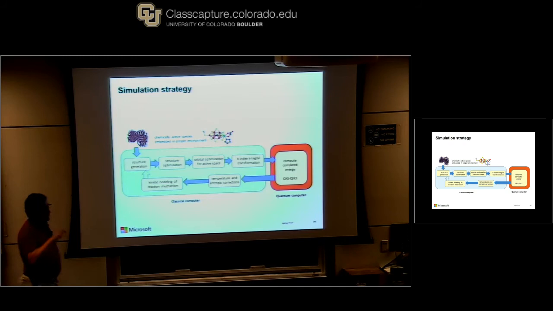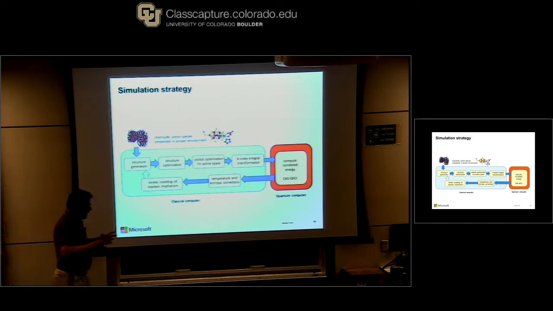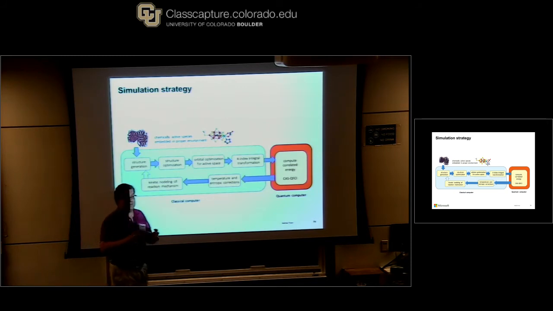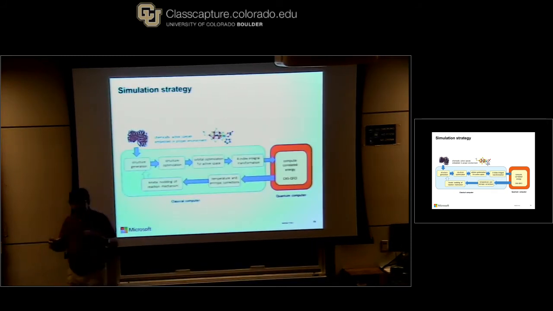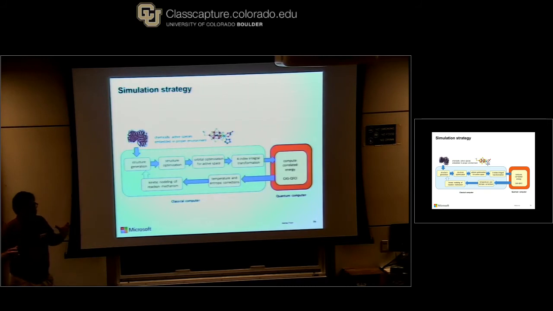For smaller active space, you do that with something called full configuration interaction, which means you basically just exactly solve this problem. But that's limited to about 50 spin orbitals. This here has at least 100 to 200, so it's far too big. We cannot do it classically.